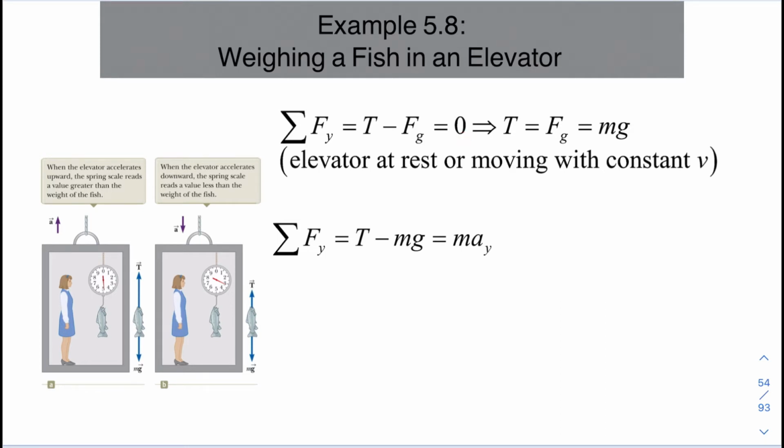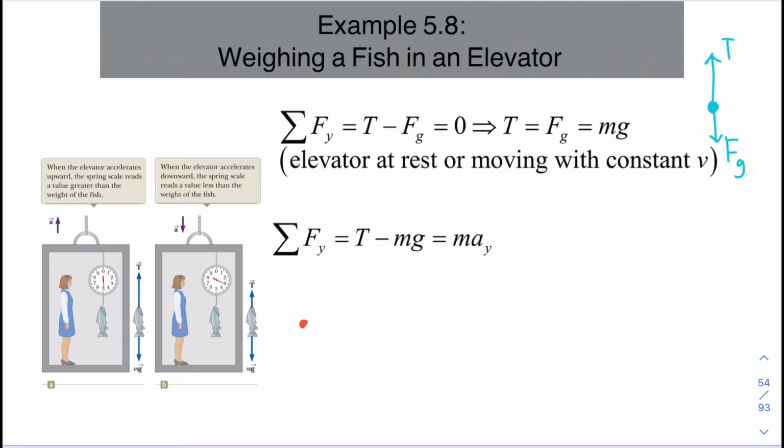So what we have here is T upward minus weight. This is the original situation of the fish. You have tension upward, weight downward, and it is not in motion. So simply we know that T is equivalent to mg or Fg.